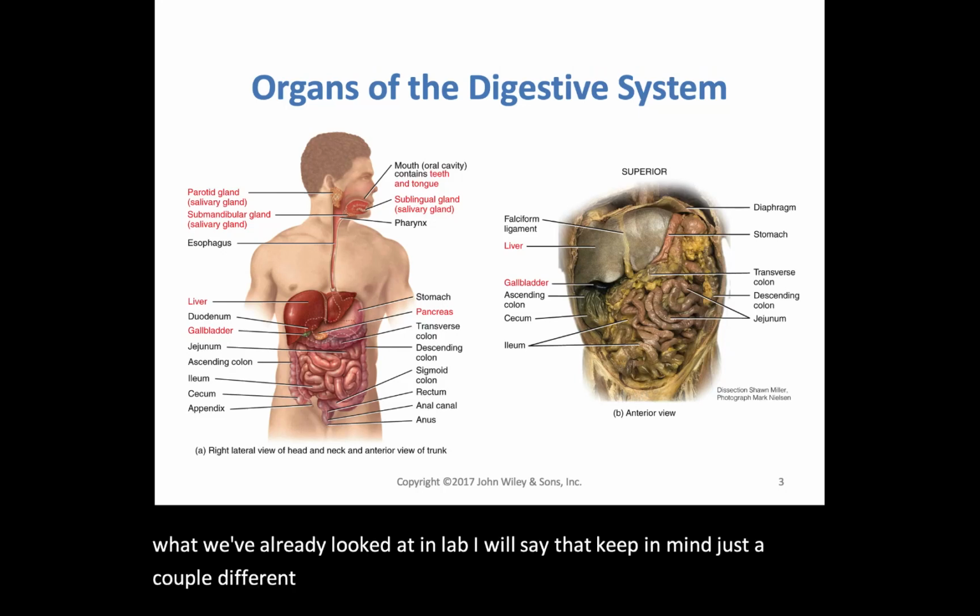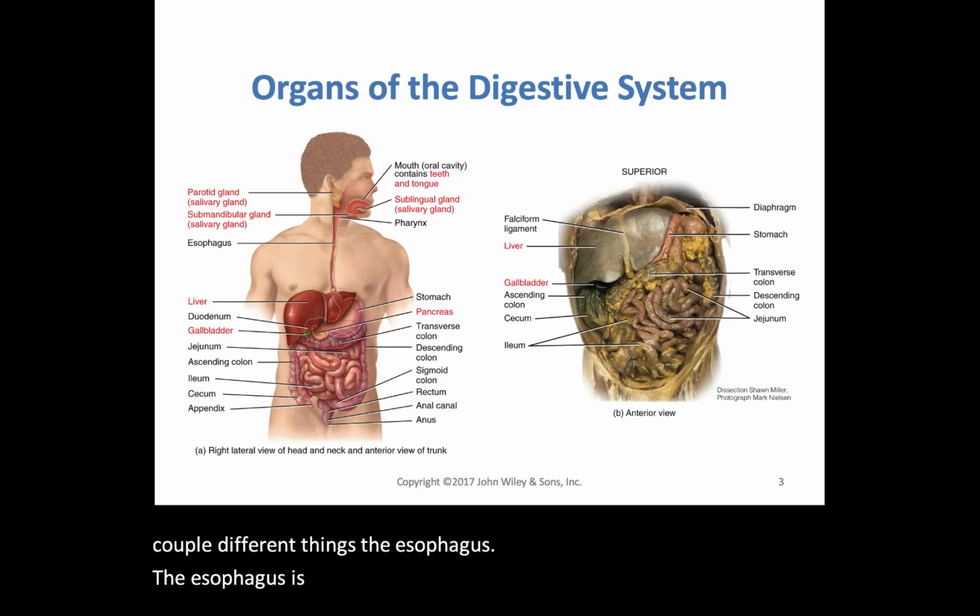The esophagus is made up of both skeletal muscle and smooth muscle.